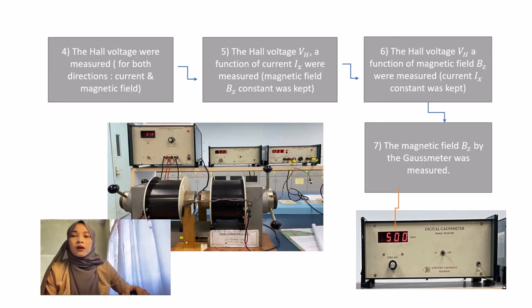The Hall voltage VH as a function of current IX, and the Hall voltage VH as a function of magnetic field BZ, were measured.